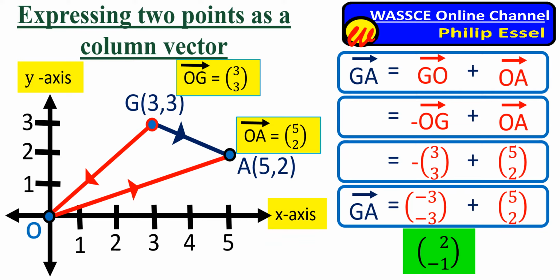Now at this moment, I'm going to show you a trick on how you can come up with this vector expression without necessarily drawing this diagram. And it's quick and fast, so you'll be able to solve your problems faster. So let's look at that on the next slide.